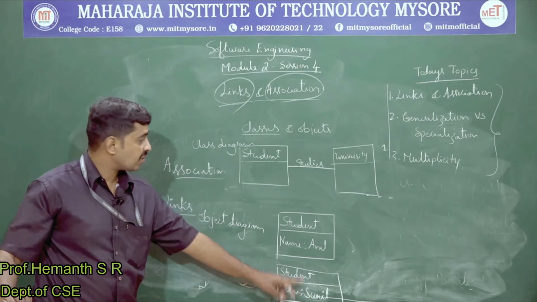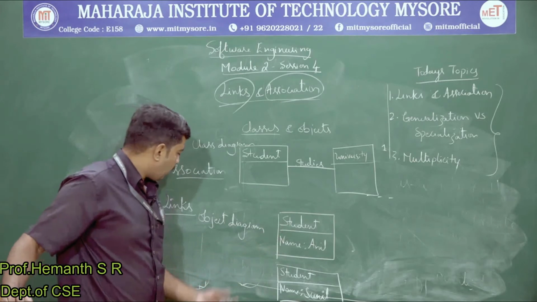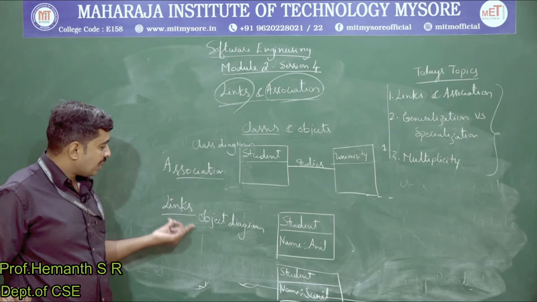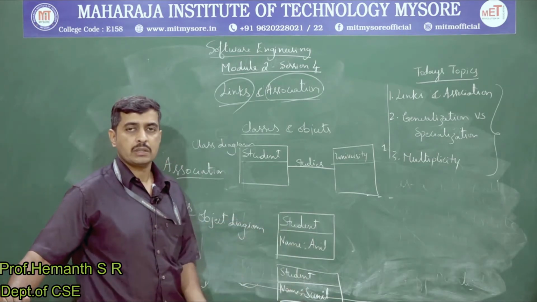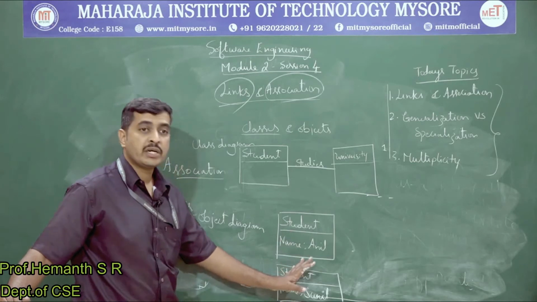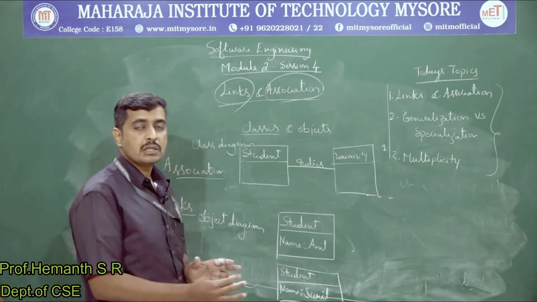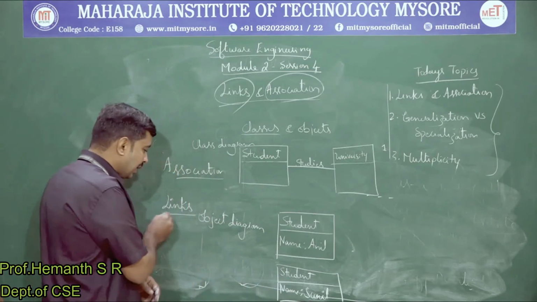Sunil is an object of class student. So two objects have been created. Now what is a link? Link is talking about how the objects are related to one another, how an object is related to maybe a different object, how an object is related to a class, how they are communicating. All these things are represented using links.